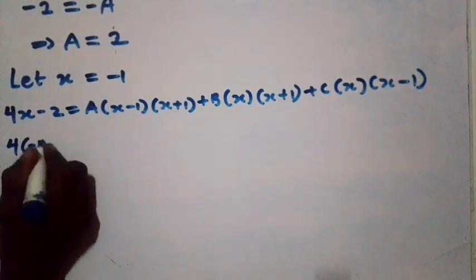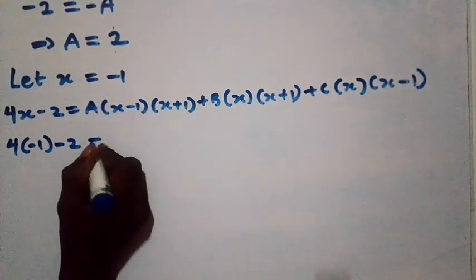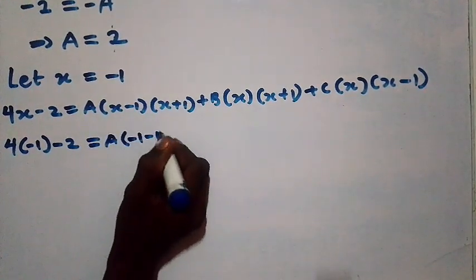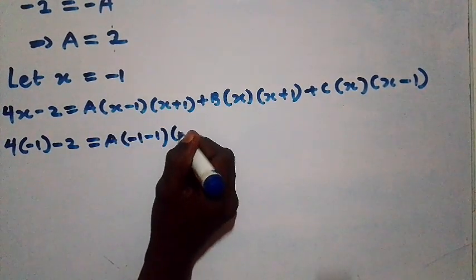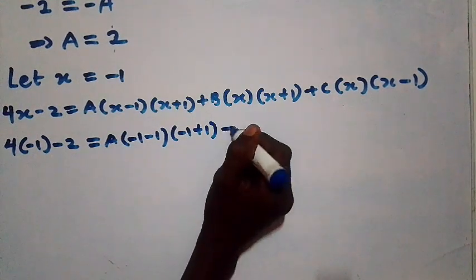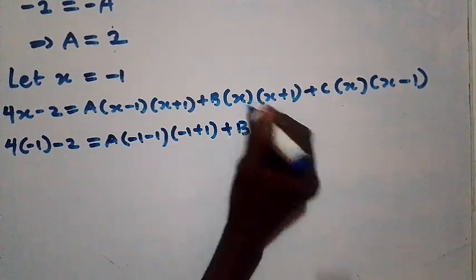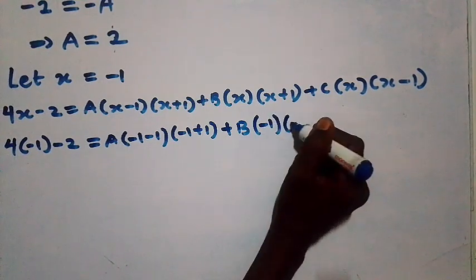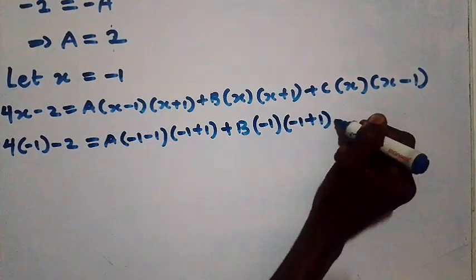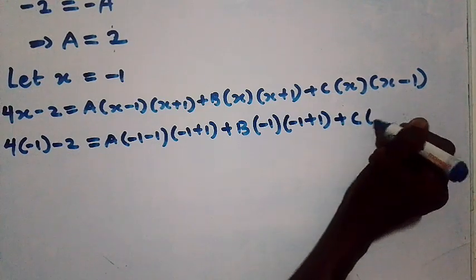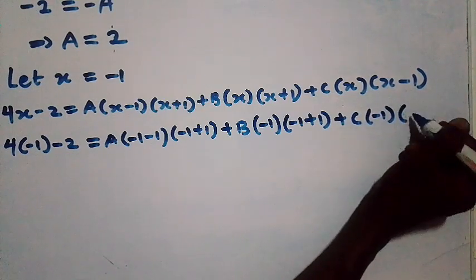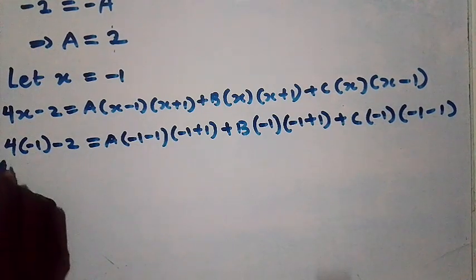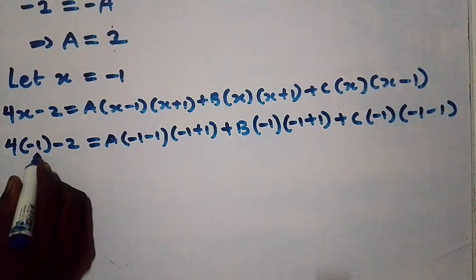So 4(x) minus 2 equals A times (x minus 1)(x plus 1) plus B times x(x plus 1) plus C times x(x minus 1), with x equal to minus 1. 4 multiplied by minus 1 is minus 4.